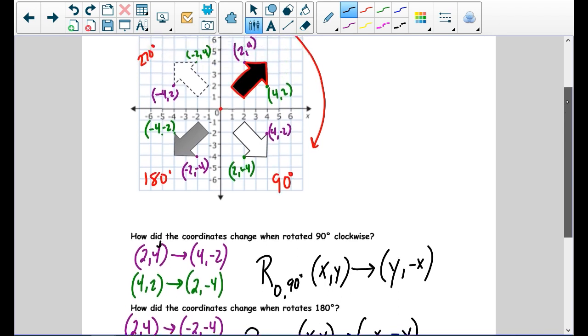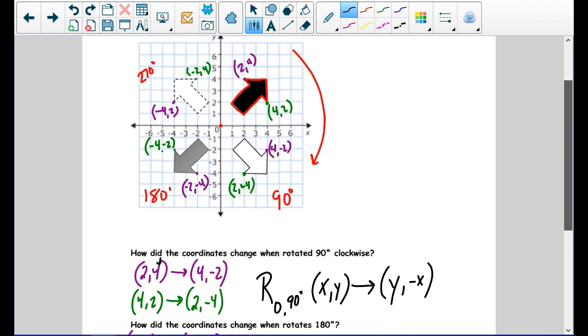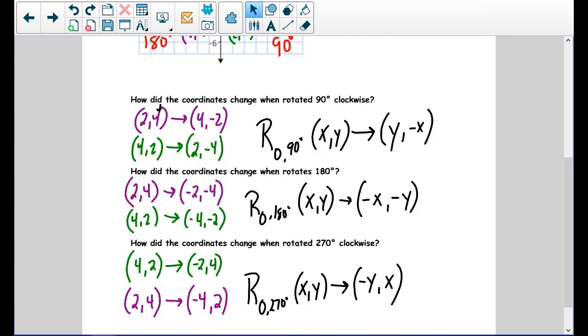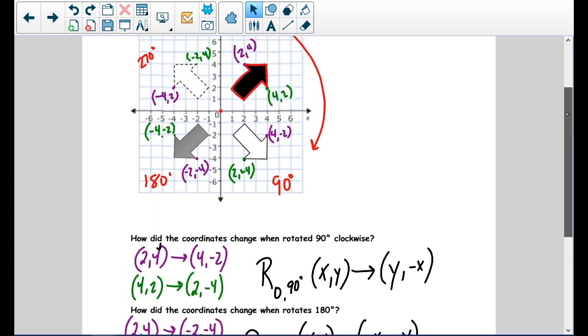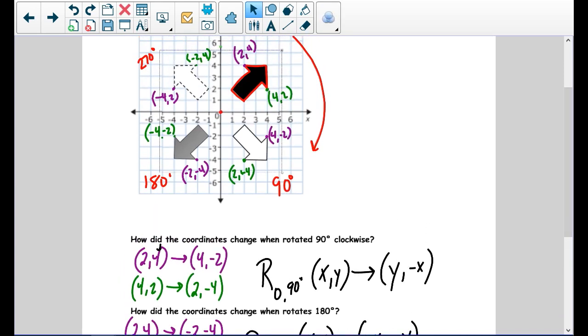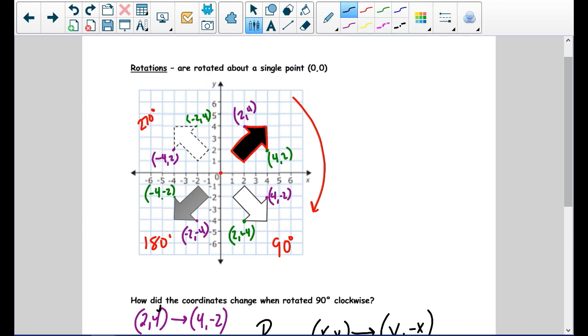Now, if I go back to this shape, I can also rotate it the other direction. So if I take this original shape and rotate it now counterclockwise, right? Counterclockwise, it's going to go to the left. Okay.